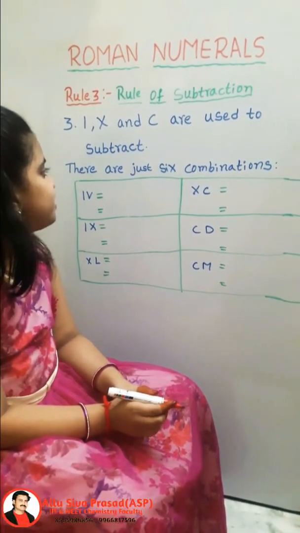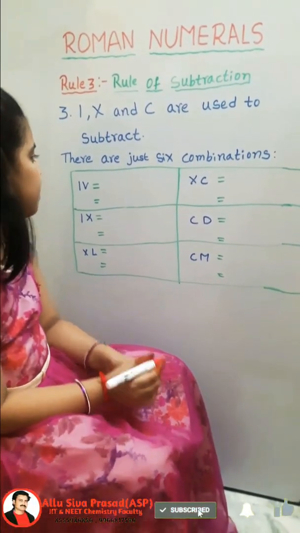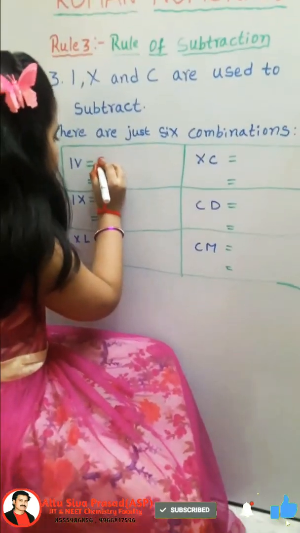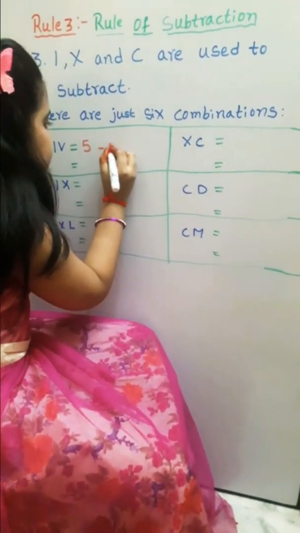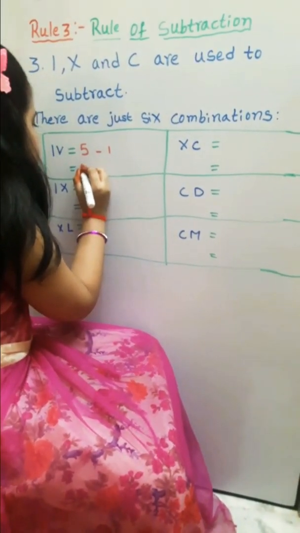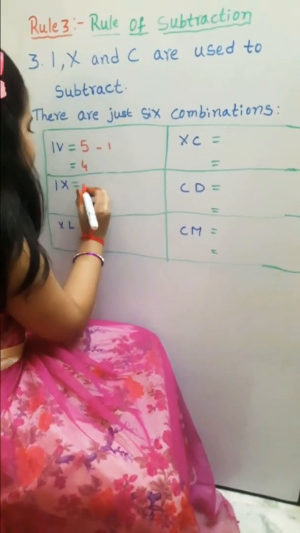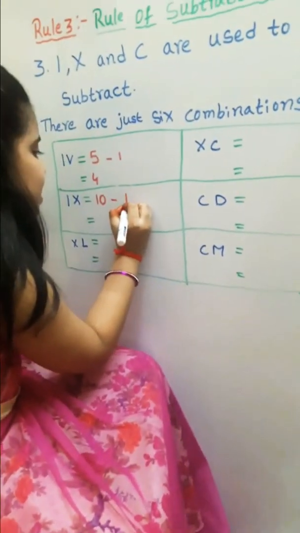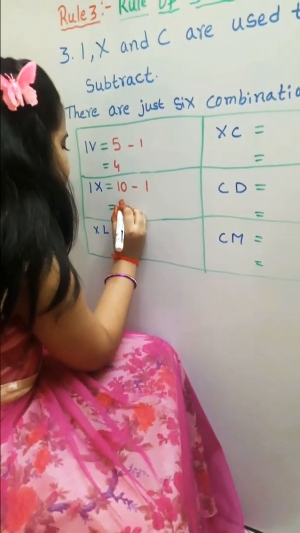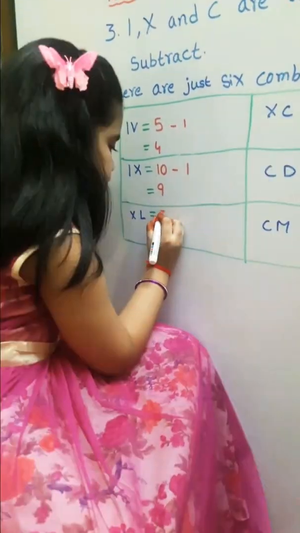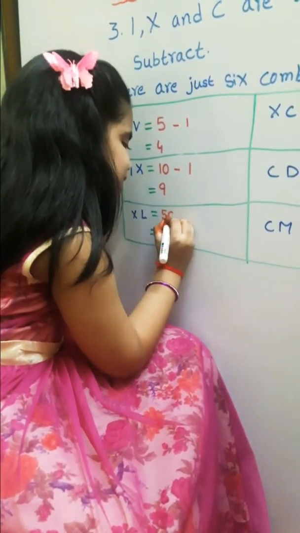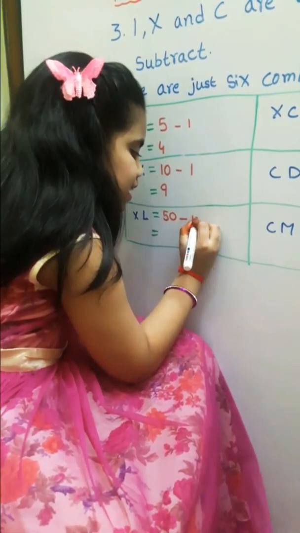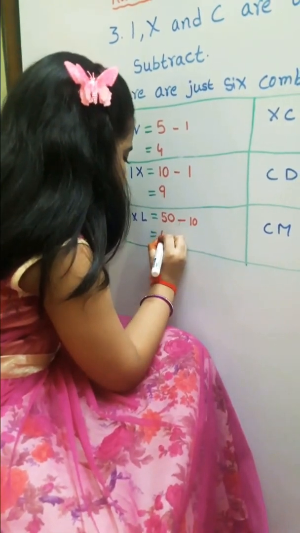Third one, I, X and C are used to subtract. There are just six combinations. IV, 5 minus 1 is equal to 4. IX, 10 minus 1 is equal to 9. XL, 50 minus 10 is equal to 40.